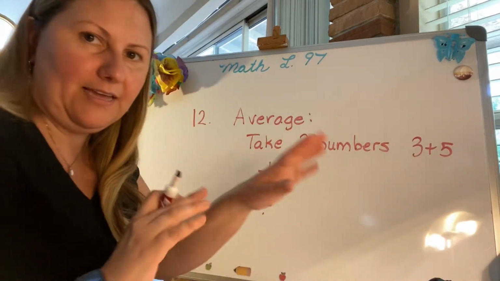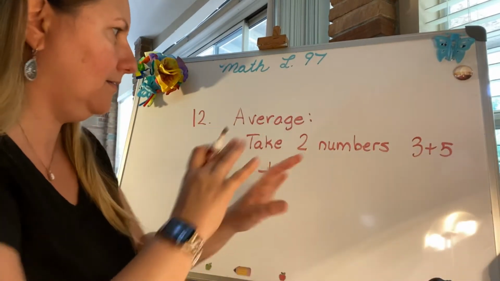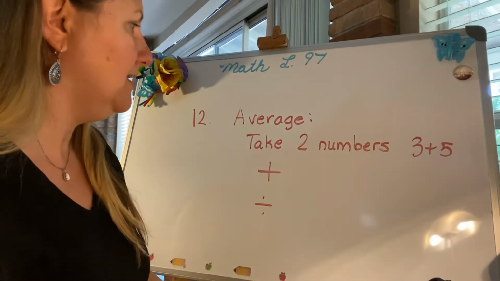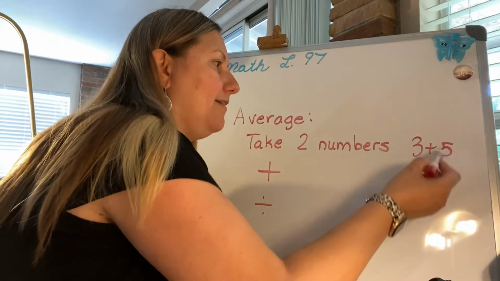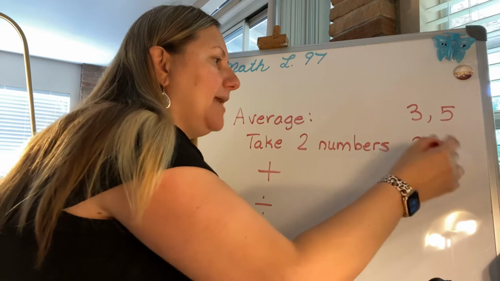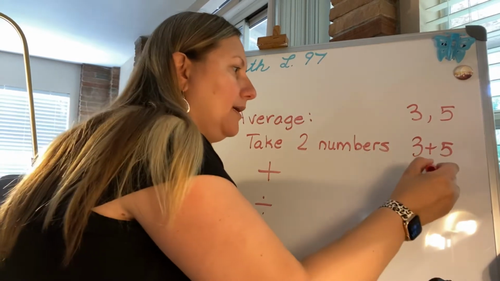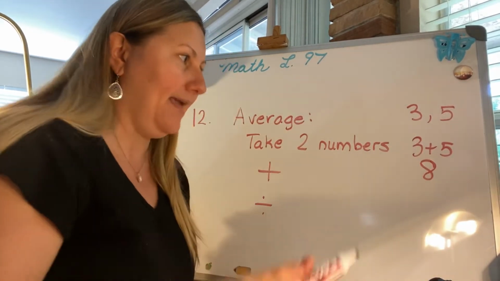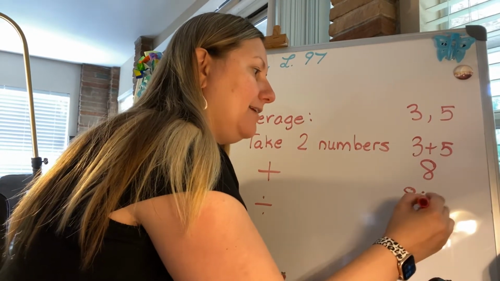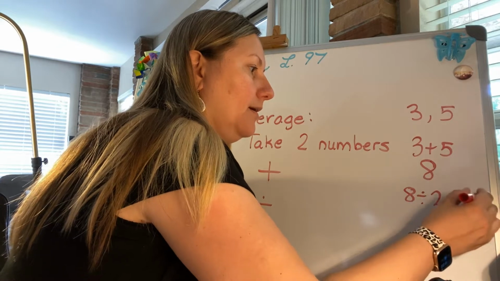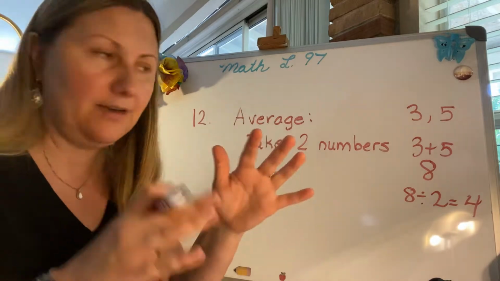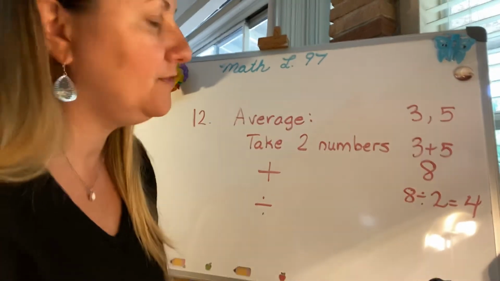Okay, this is kind of like a little off-topic lesson, but not completely off topic because it's average. So you take two numbers. Let's say I have these two numbers, 3 and 5 in my list. Okay, so I take those two, we add them up, we get 8, and we had two numbers, so then we say 8 divided by 2, and we get the number 4. So the average of the numbers 3 and 5 is 4.